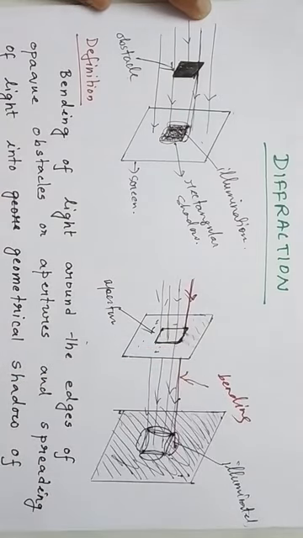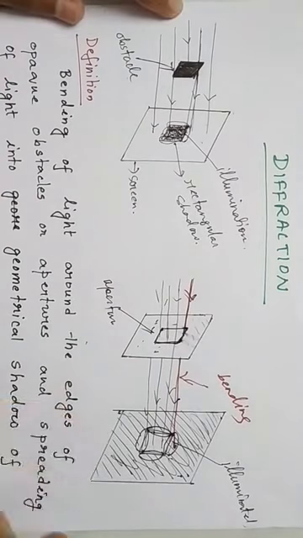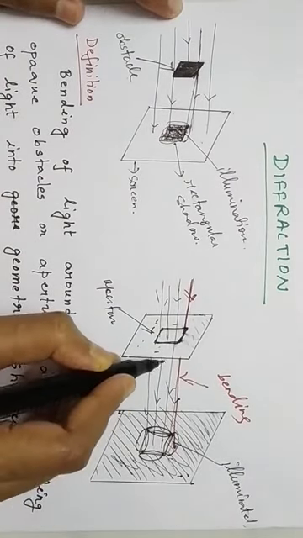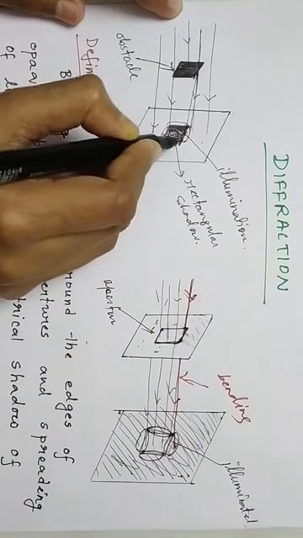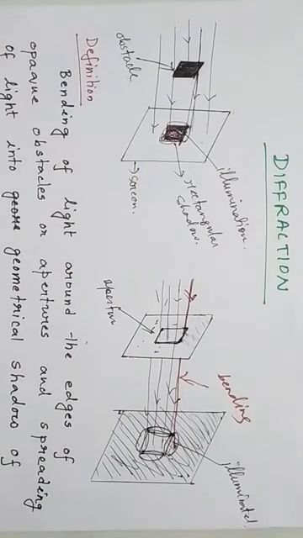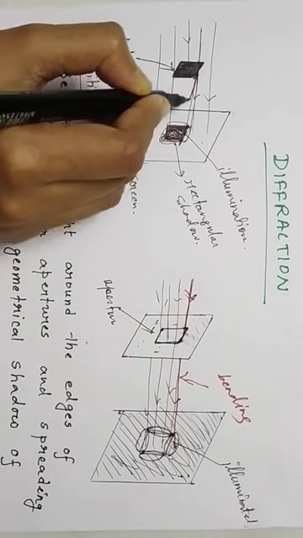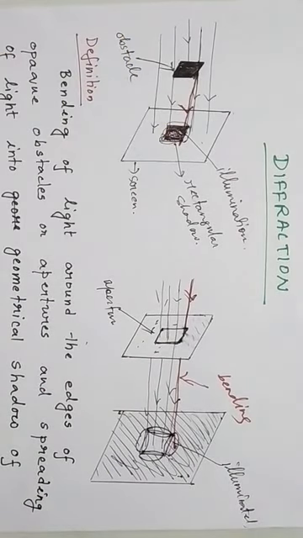There is some bending of the light ray. The same goes for this area, this area, this area, and here also, around over here there is some illumination. So as if the light ray has bent from its general propagation in a straight line.